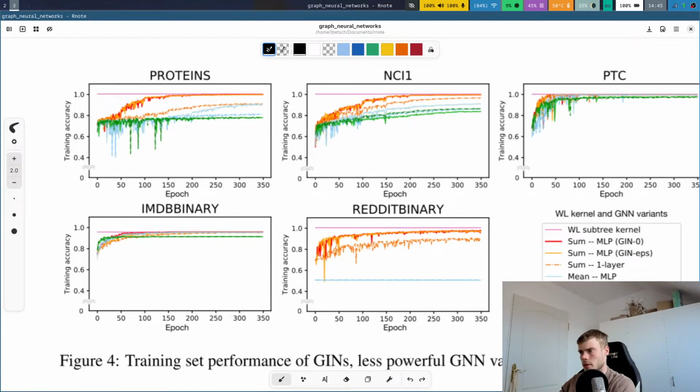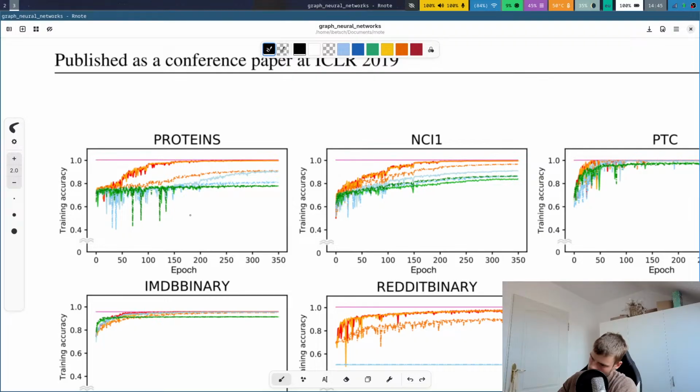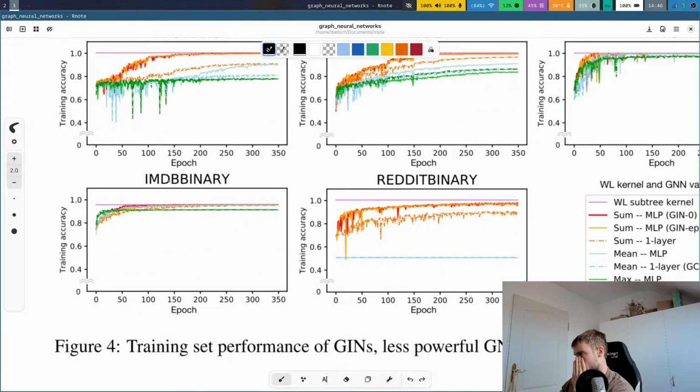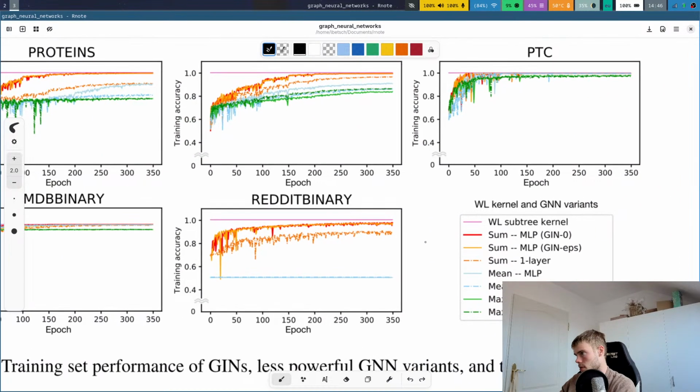All right, so let's look at the chart. This is training accuracy on different datasets. Okay, so we see the WL subtree kernel, some MLP GIN 1, GIN 0.